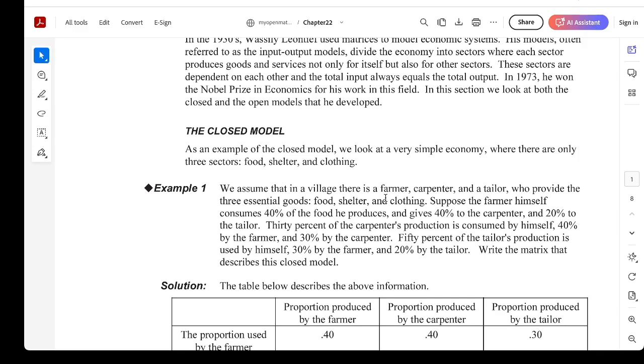They just exchanged good for good. The assumption here is that we do have a capitalist system. We have money, and everybody gets paid a certain amount, and then they use their money to purchase the products from the other folks.